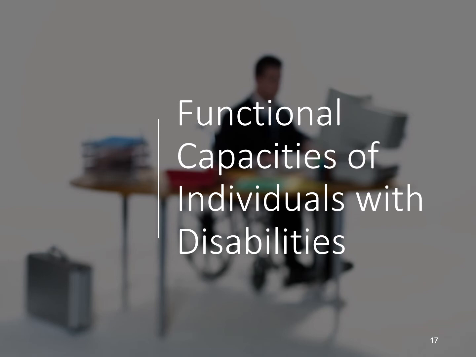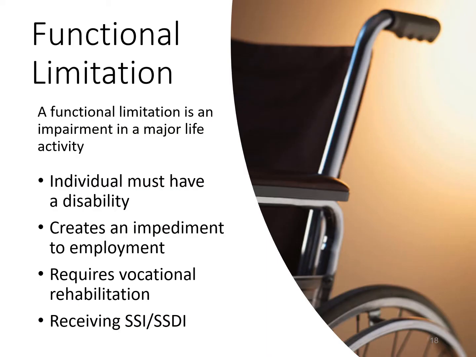Next, we will discuss the functional capacities of individuals with disabilities and what determines a functional limitation. A functional limitation is an impairment in a major life activity resulting from a medical condition. State and federal agencies provide eligibility-based vocational rehabilitation services to individuals with disabilities.